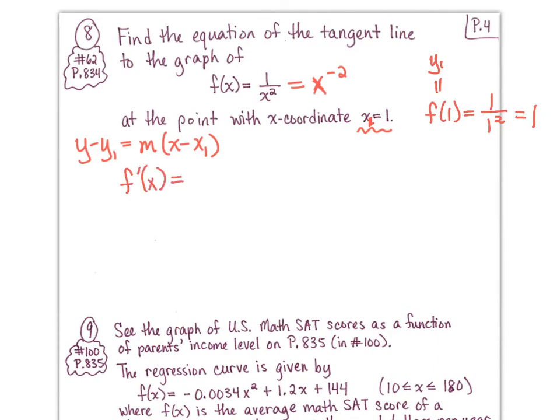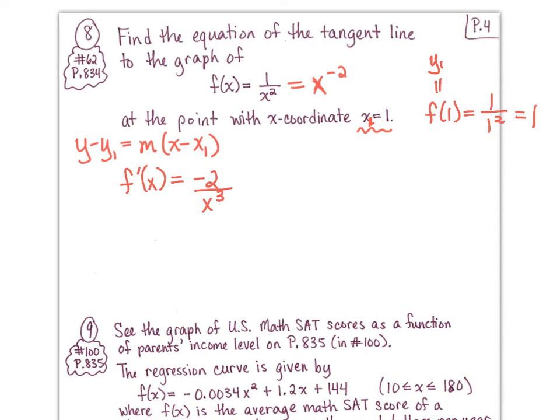So f prime of x is equal to what? Now you can just tell me what we get. Negative 2 over x cubed. Negative 2 over x cubed. Good. And now in order to find m, what should you do? Plug in 1.